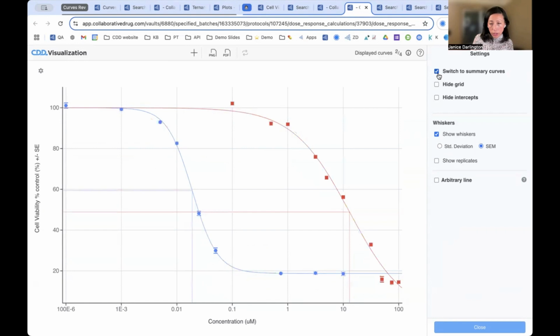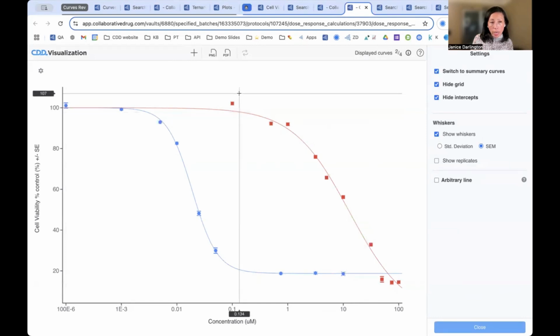Let's go ahead and change it back to summary curves. Let's hide the intercepts. I have my whiskers. I'm showing the whiskers as it tracks with the standard error of the mean. I can also do this for standard deviation.